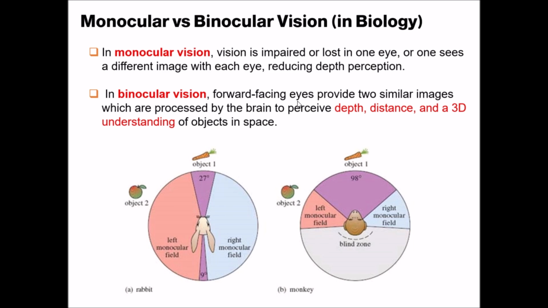This system provides two similar images which are processed by the brain to perceive depth, distance, and 3D understanding of objects in space. This is the advantage of using two images. That's why it's applied to computer vision, based on our life and on humans.